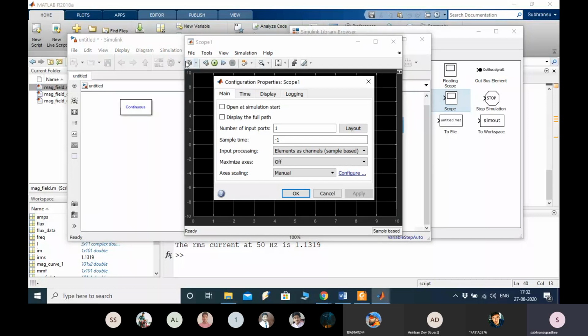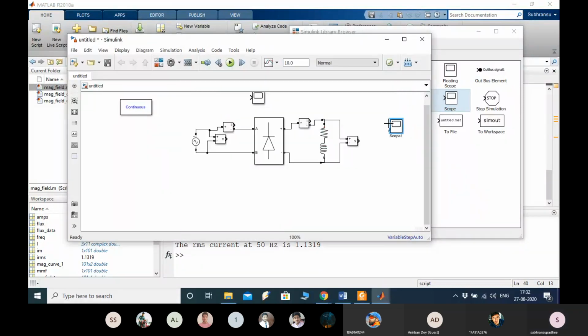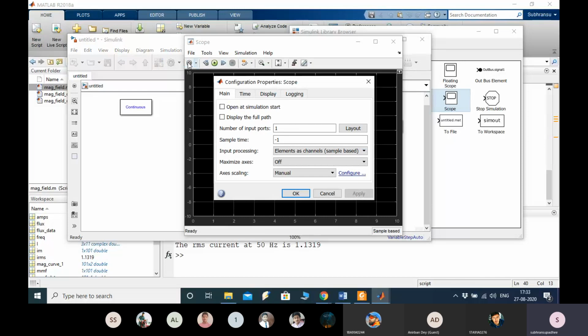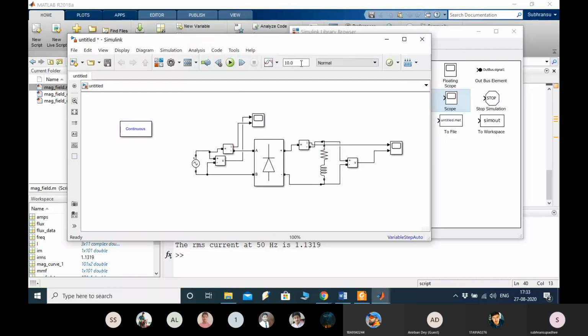Go to the setting, apply. Okay. Similarly, this one, scope, to layout, just change it. Now run it.